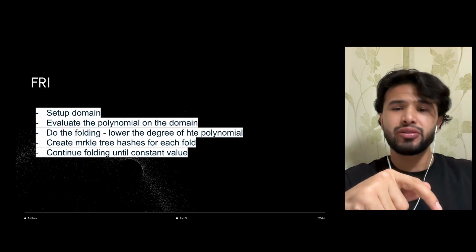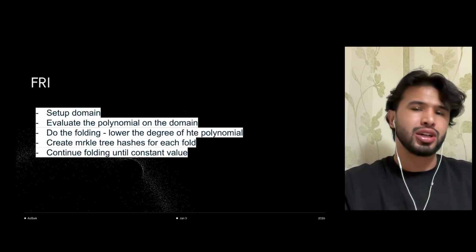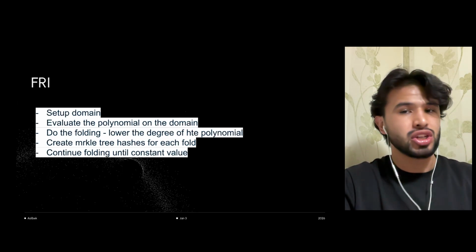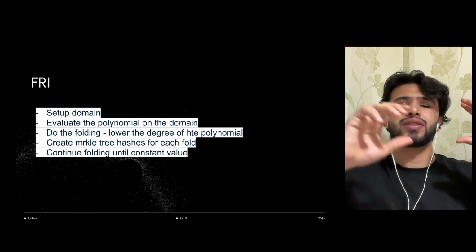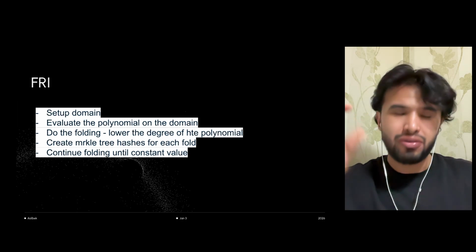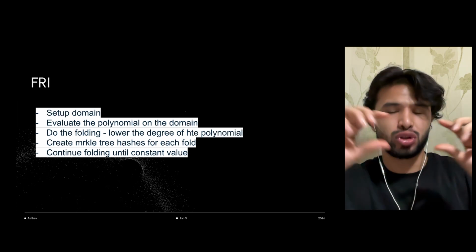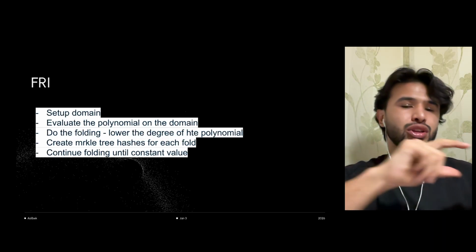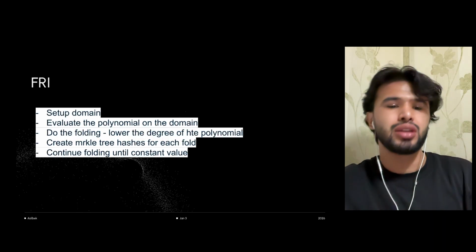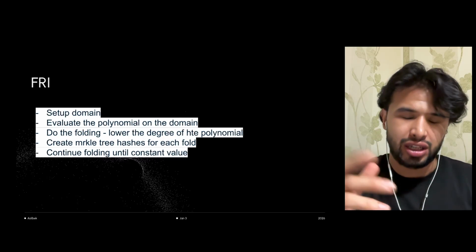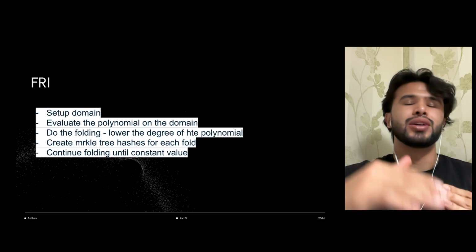Let's say, if you remember, we have the polynomial from the AIR, from the arithmetization section of the STARKs. After that, we have the polynomial. Now we're going to create a setup. We need to set up a domain to evaluate, and then we're going to evaluate this polynomial on the domain. And then we're going to do the folding. Folding is technically lowering the degree of the polynomial.